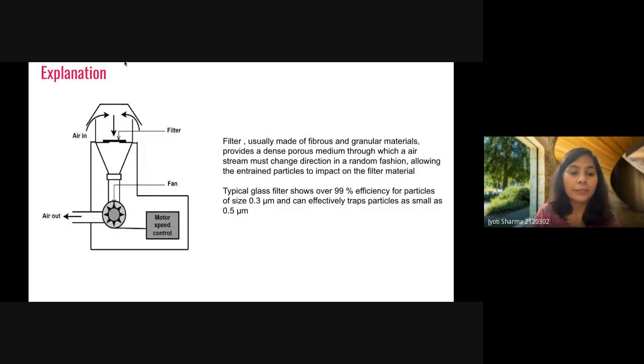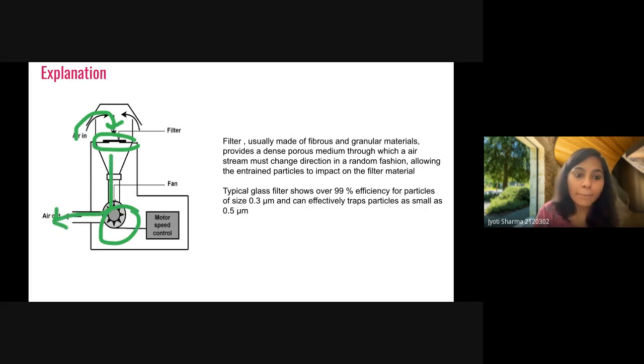So it is something like this: air will come in, and this is the filter. Because here we have a motor, that motor will suck the air and give the air out. But because we have the filter paper, or filter technique, the particulate matter will be deposited on it.